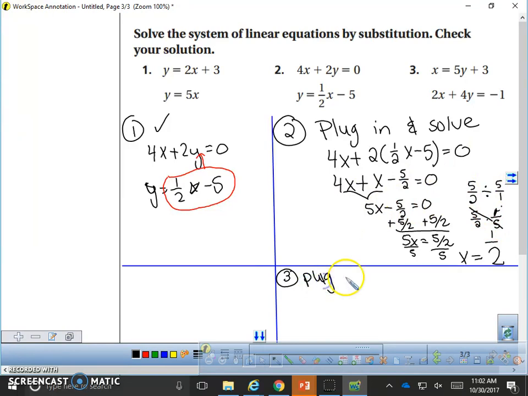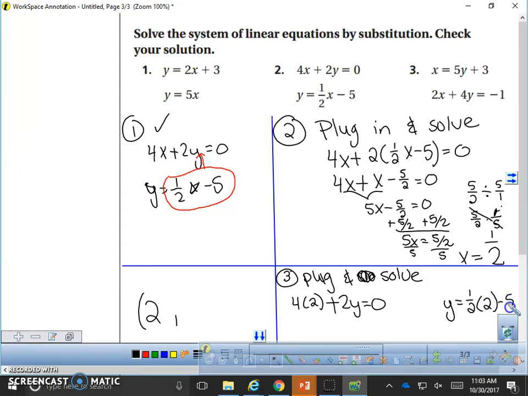Plug and solve. Oops, can't spell. Okay, plug and solve. All right, we're going to plug back into the original. 4 times 2, because x is 2, plus 2y equals 0, and our second equation, y equals 1/2 times 2 minus 5.